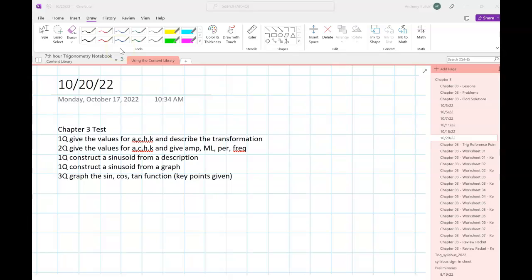So the test format, we have one question. We'll ask you to give me the values for A, C, H, and K, and then to describe the transformation in words. So for sure I would want that general form for sine and cosine and tangent, etc. Right, like we definitely want that on there.